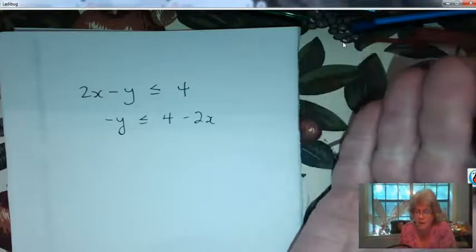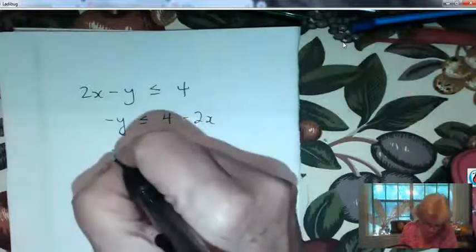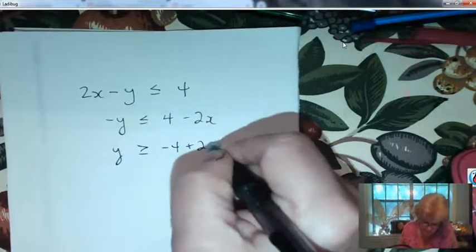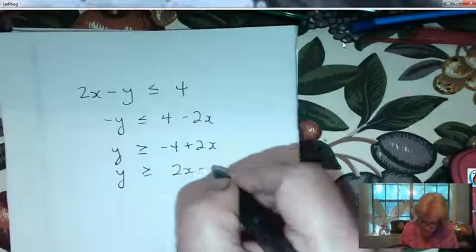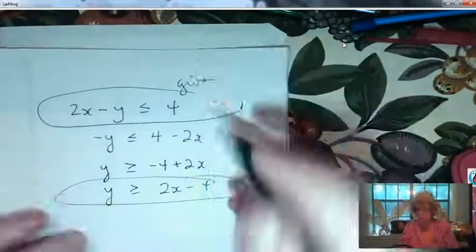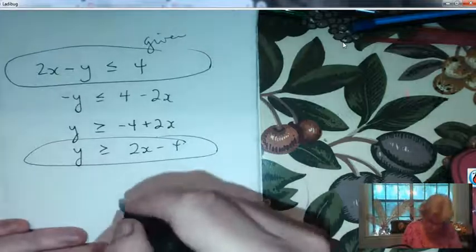What happens to the arrow if you negate? It changes, it flips. So if I change the sign of every term, I flip the arrow. And so now I'm just going to write this with the positive term out the front. So the region that we need is going to be on and above.